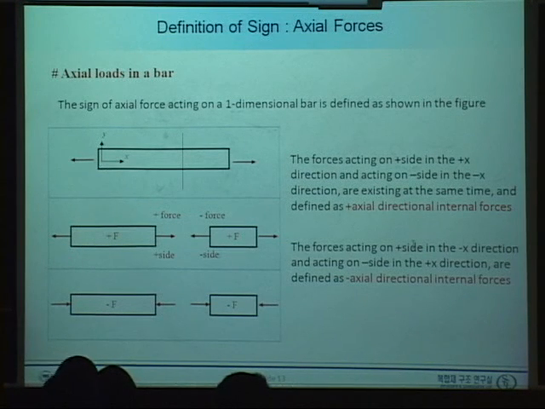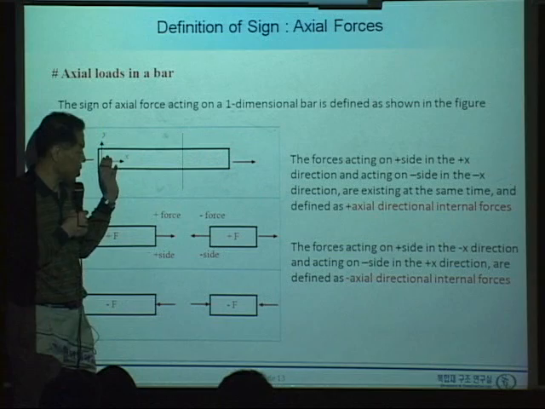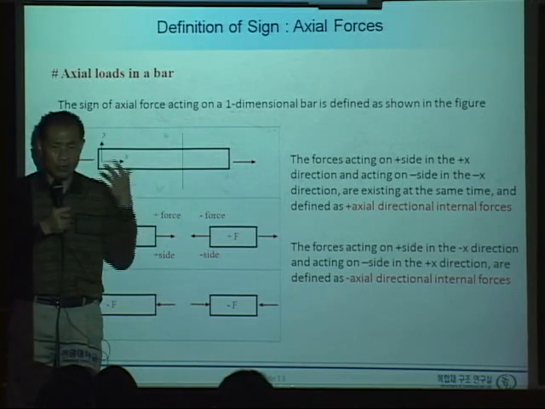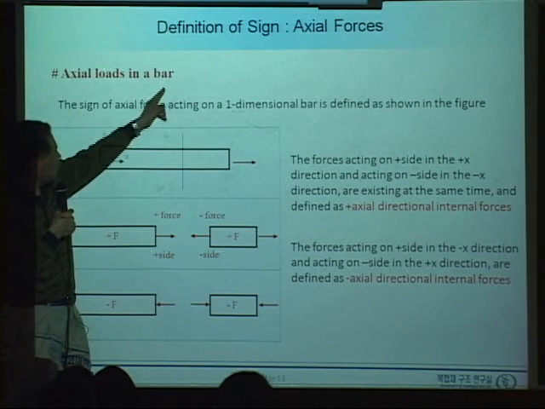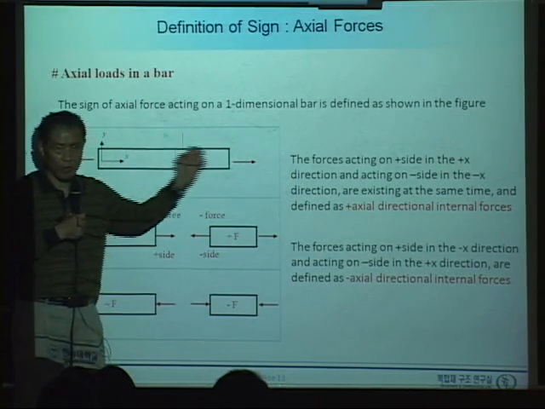And now, the definition of the sign of axial force. Again, let's say this bar, this beam, or you may say this is actually a bar. This is just to remind you of the sign convention in a bar, and this is x and y, and this bar is subject to tension.